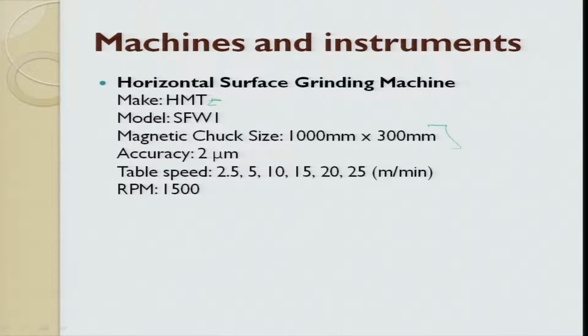There is this chuck size over here. The accuracy of the machine is 2 micrometer, that is, the minimum depth of cut that we can give here is 2 micrometer. And table speed varies. These are discrete values: 2.5, 5, 10, 15, 20 and 25 meter per minute. And we also kept RPM the same, at 1500 RPM here.